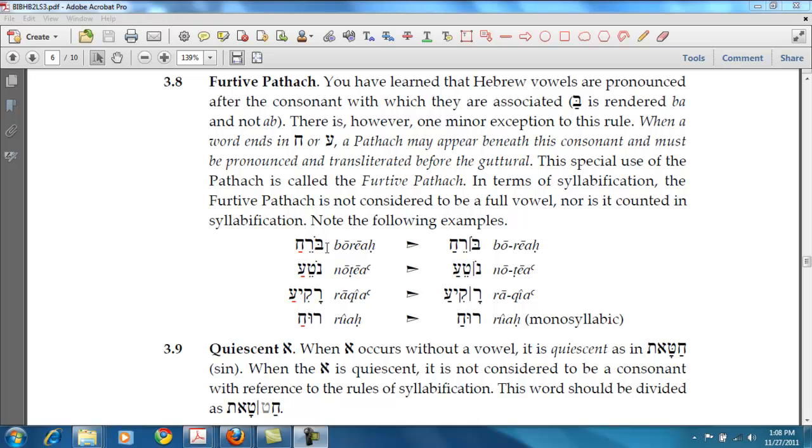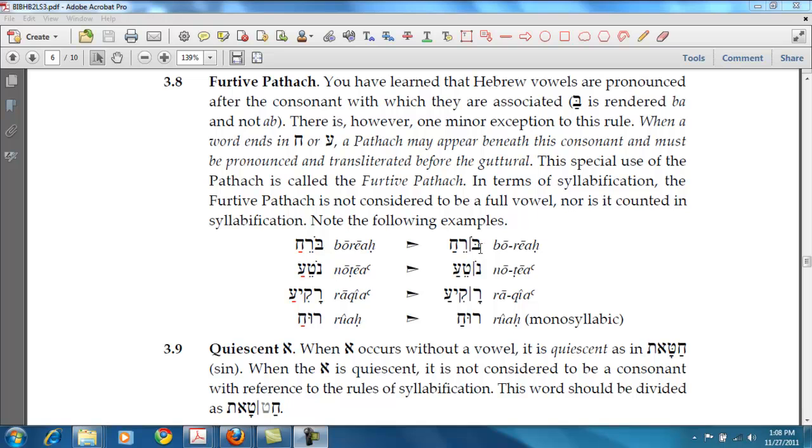So, for example, you've got boreach. Remember, the chet and the ayin at the end of a word really don't have a sound of their own unless they have this vowel, and it's usually a patach here. So you've got bo-reach.